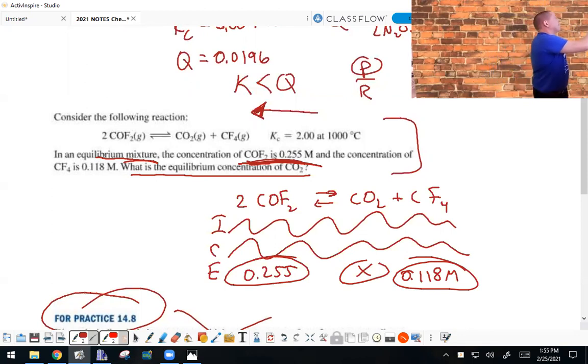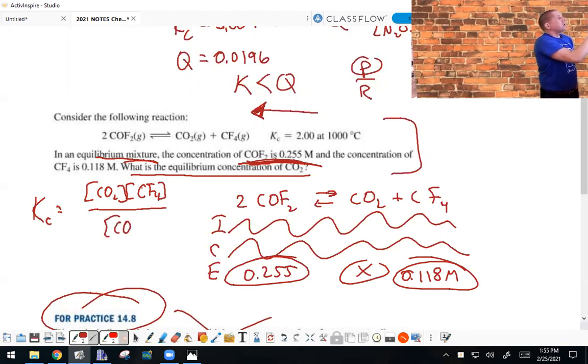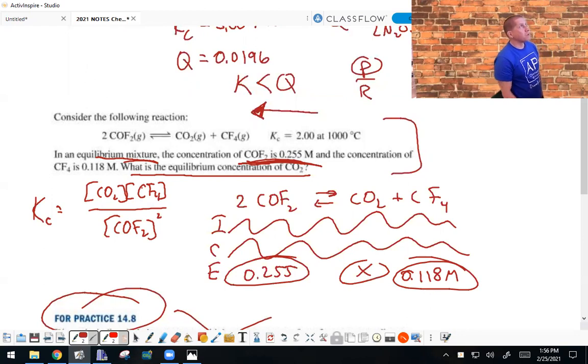All right, so the K expression, as I said, we do the same thing each time. The K expression is CO2 times CF4 over COF2 squared. We're given the K value.